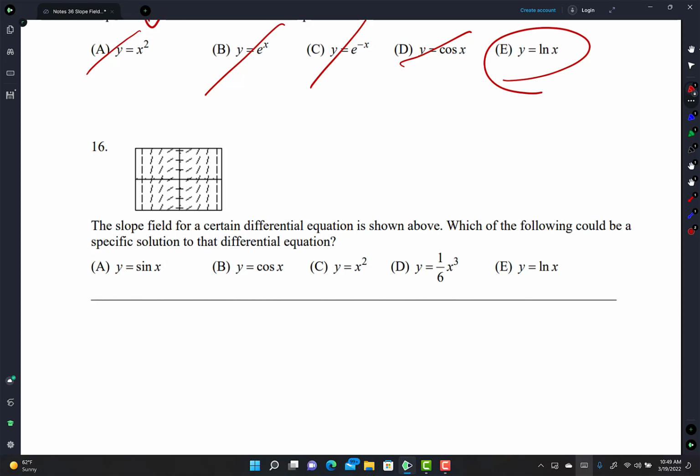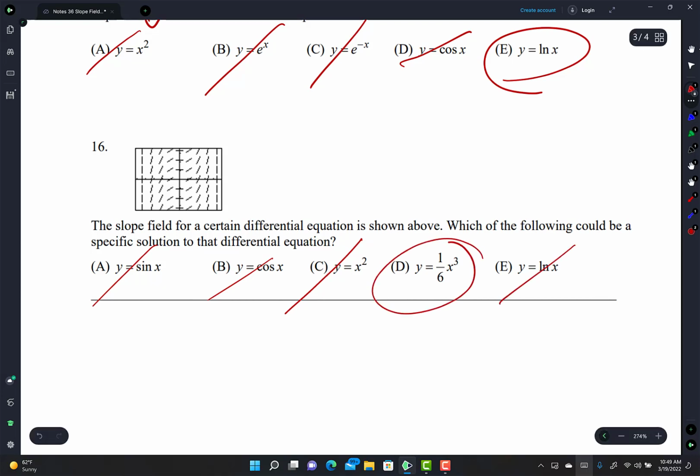Yeah, I don't see this going up or down, so which two do I delete immediately? Sine and cosine, they're out. Do you see parabolas? Out. Does it look like an ln? Out. This is definitely a cubic function. And it looks like a cubic.